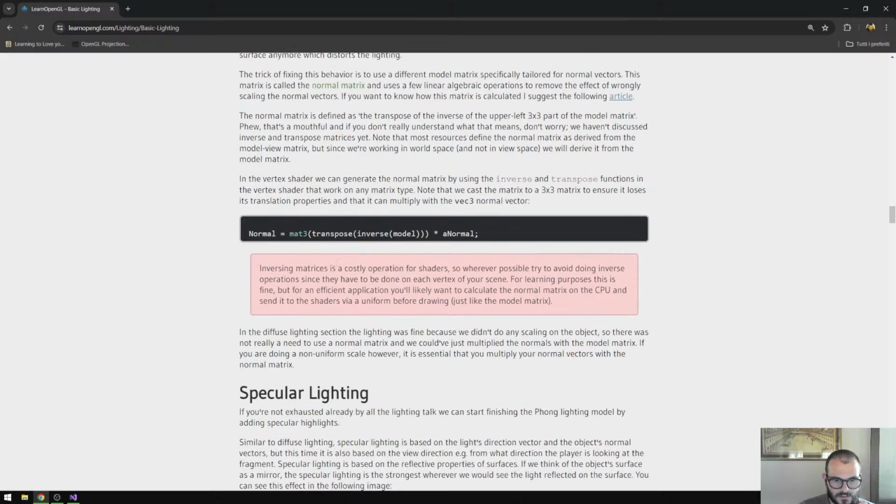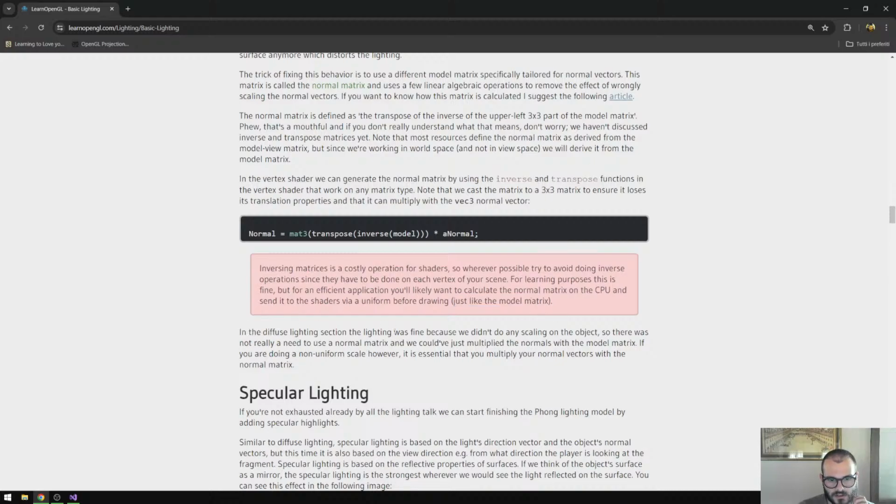Inversing matrices is a costly operation for shaders, so whenever possible, try to avoid doing inverse operations, since they have to be done on each vertex of your scene. For learning purposes, this is fine, but for an efficient application, you likely want to calculate the normal matrix on the CPU and send it to the shaders via uniform before drawing, just like the model matrix.